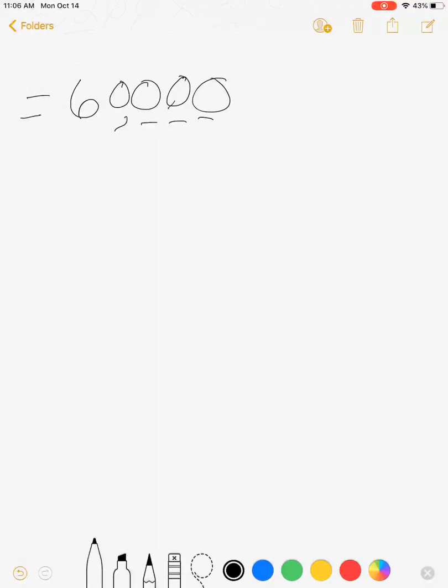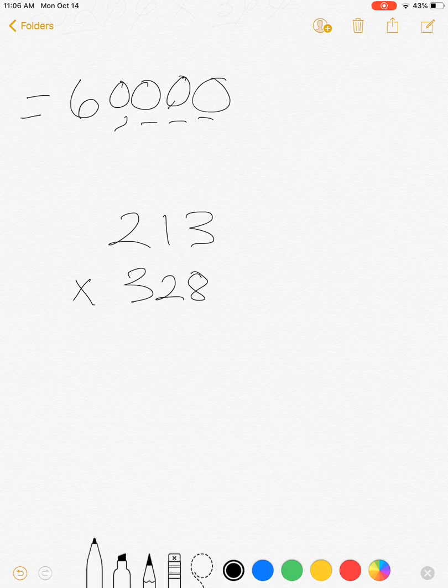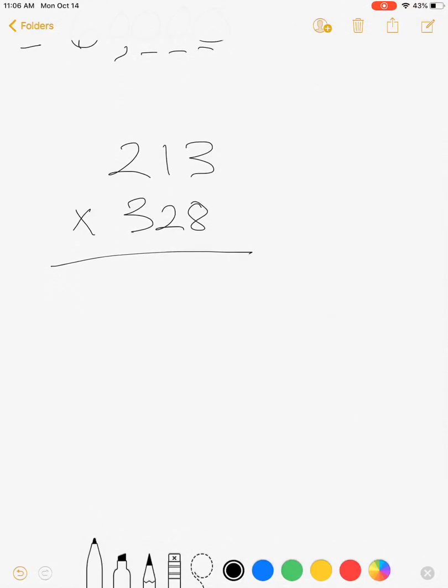So now we are going to use the standard algorithm to multiply 213 times 328. And again, feel free to participate and call out those multiplication facts. So we're going to start with the ones place. 213 is going to be multiplied by 8.